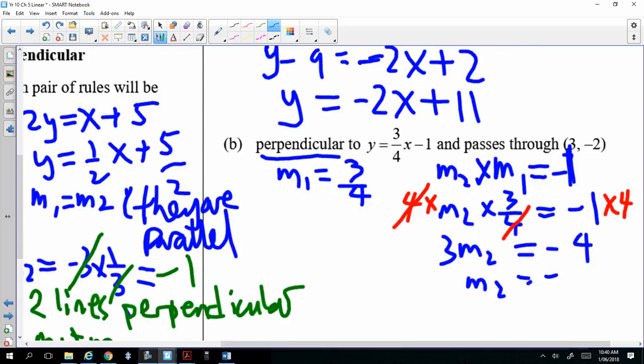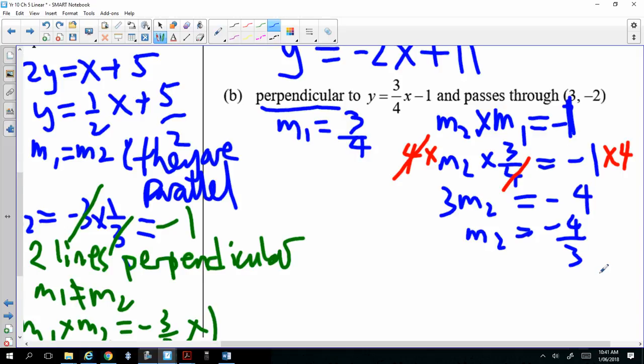Now you don't have to do all this work. All you have to do is take the reciprocal of 3/4, which becomes 4/3, and change the positive to negative. So you just have to do the negative reciprocal. But if you don't like this idea, you can always use this formula to work out the second gradient. Now we've got the gradient, and we don't have the y-intercept.